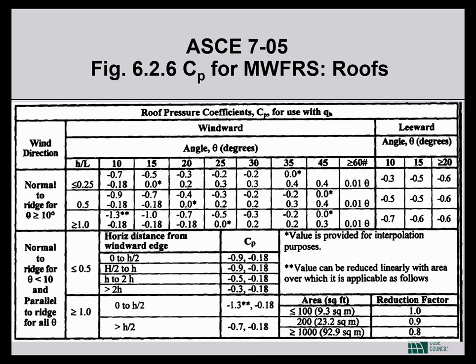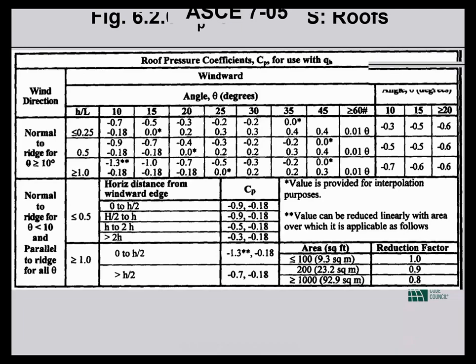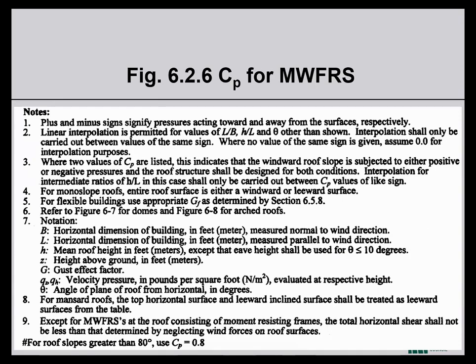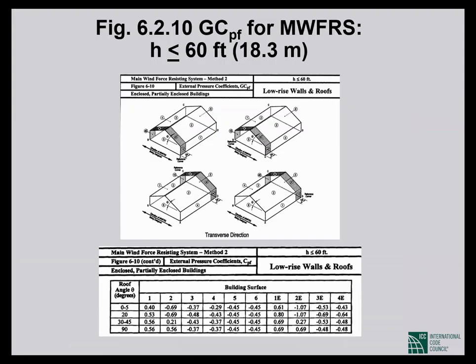So everything you need for the design of a building is given to you in the standard, in your case in BNBC 2020. These copious notes go with the roof C sub P table, and almost everything said, not everything, but half the things said in the notes are deadly important.